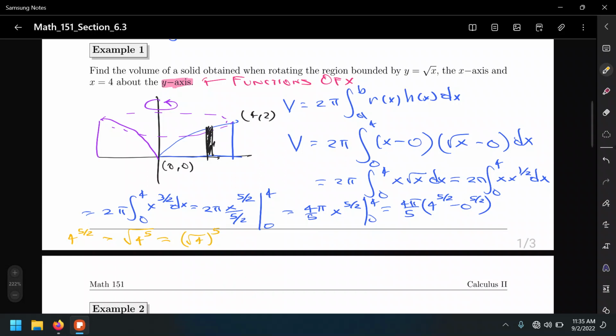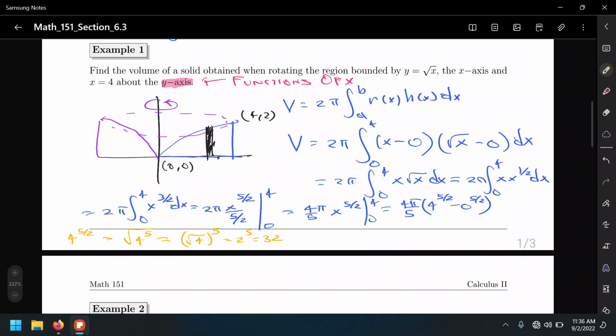Why is this last form more convenient? Because, well, what is 4 to the 5th power? Really big number, isn't it? Can you find the square root of that big number off the top of your head? No, so it's easier instead to take the square root of 4, which is 2, to the 5th power, and what's that number? 32.